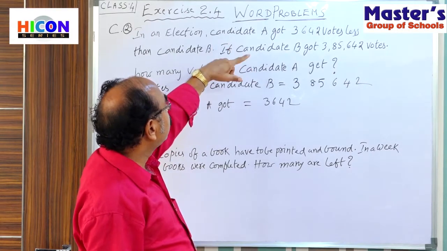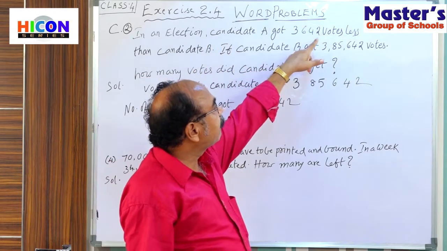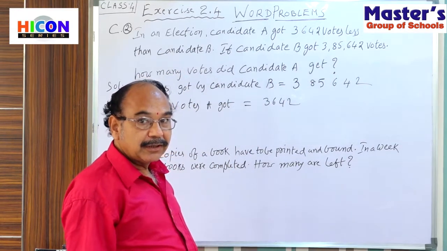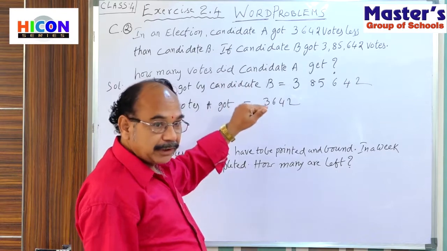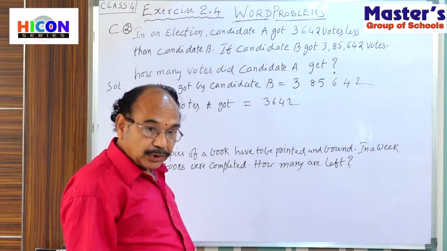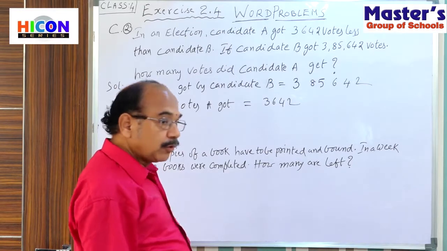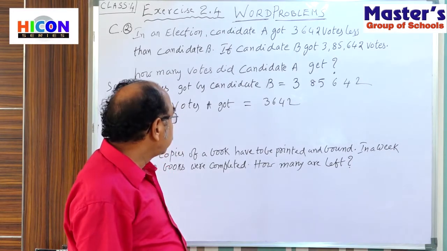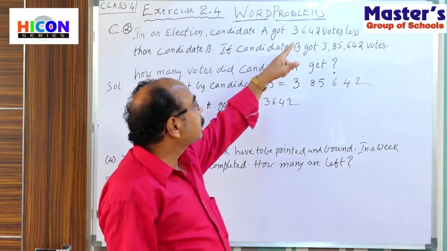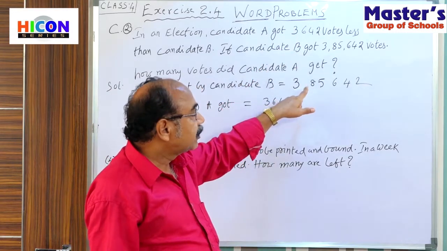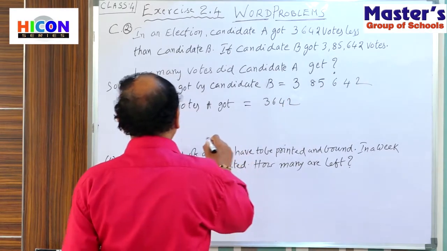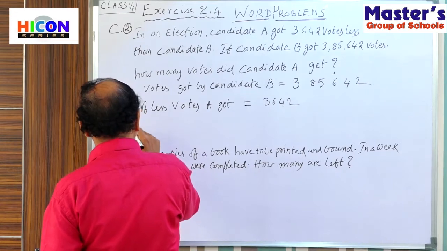The problem says A got this much of votes less than candidate B. This much of votes he got less. So, to know the votes secured by candidate A, what we have to do? That less votes we have to subtract from 3,85,642.